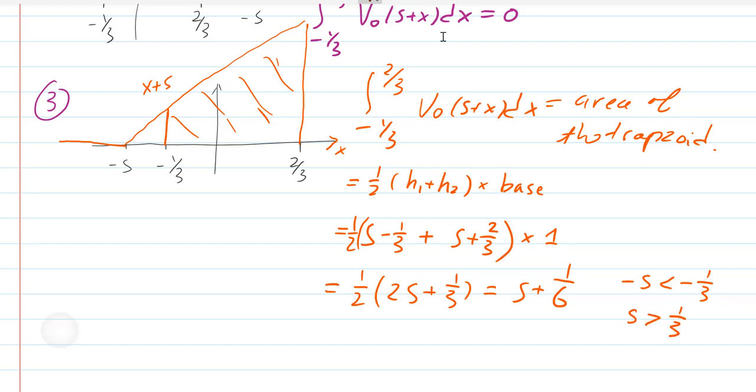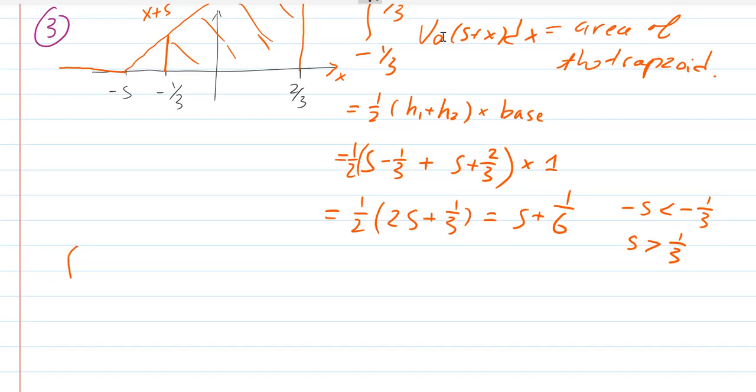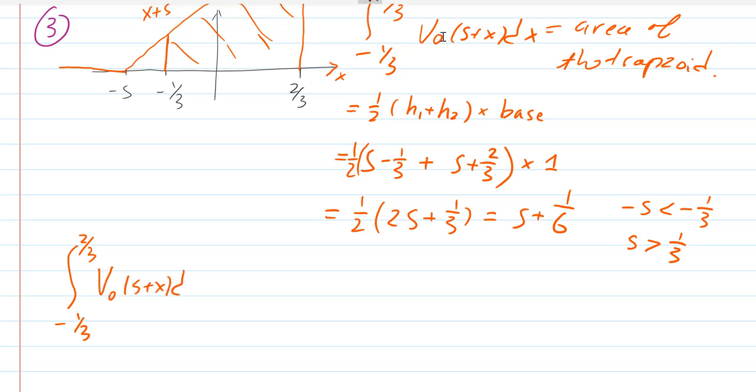So now we have this integral over here, negative 1/3 and 2/3. This integral of v naught of s plus x dx is piecewise if you think about it, and it's going to be s plus 1/6 if s is greater than 1/3. And in the middle, this is 1/2.